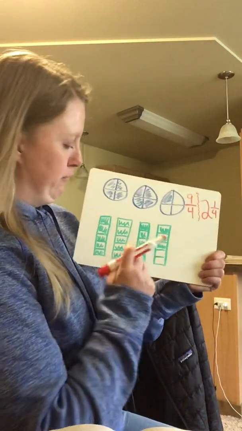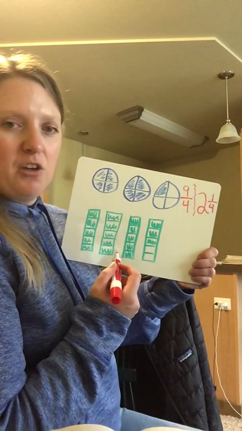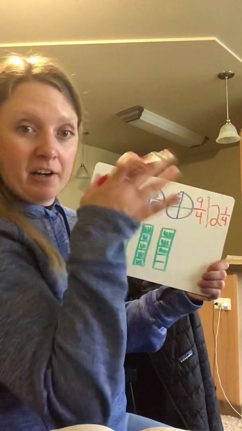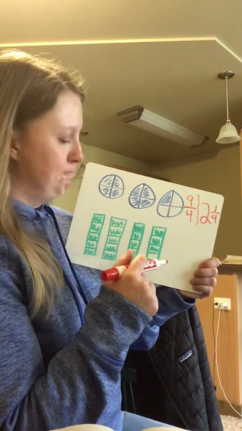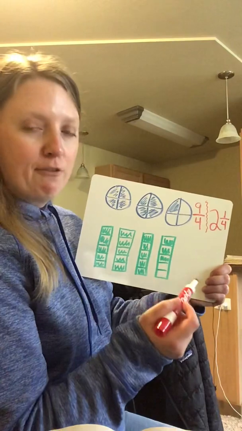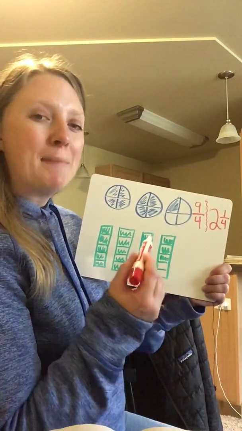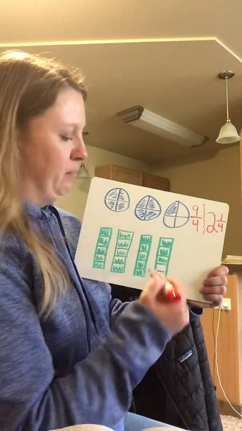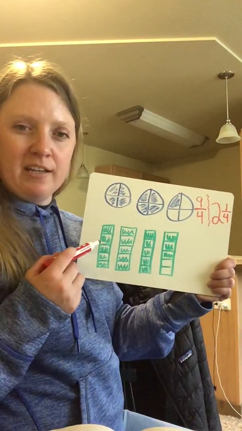So this time we have these tall rectangles. You could think of them as being like candy bars that you're going to cut into pieces for you and your friends. All right, so first of all, let's start with our improper fraction. How many pieces has each rectangle been cut into? Might be a little hard to see, but I think you can tell.